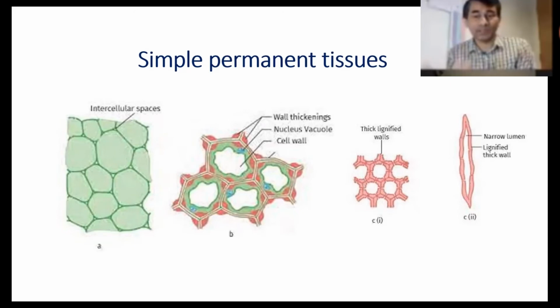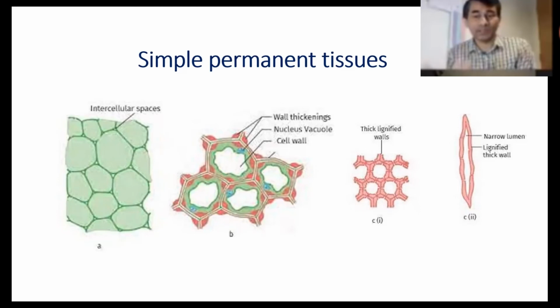You can actually see the green tissue in figure A is parenchymal tissue. It is a simple permanent tissue. It consists of thin cell walls. They all are living cells and they are loosely arranged.